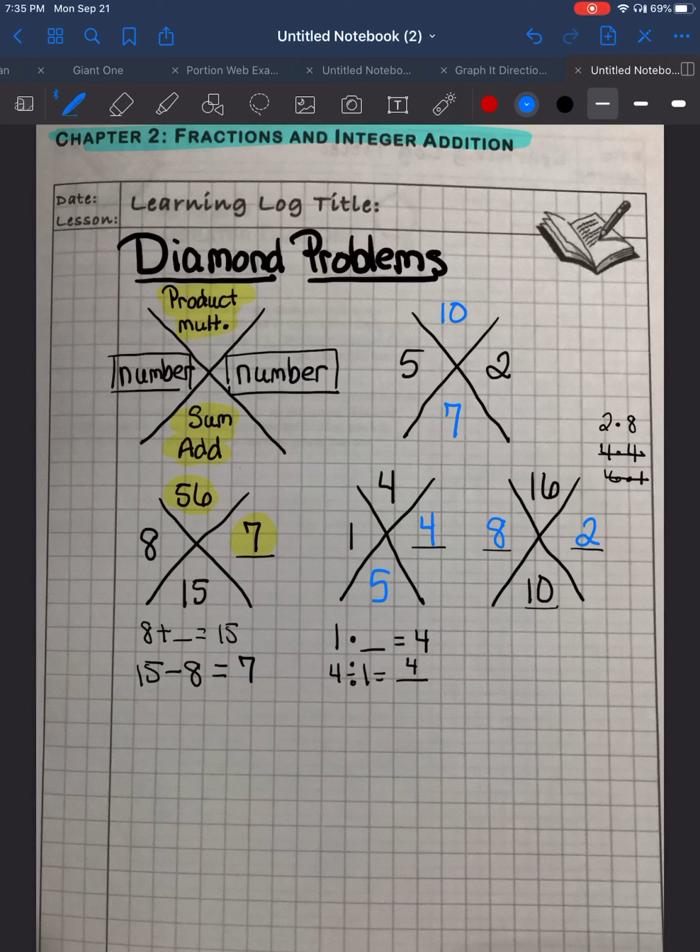So 8 and 2 must be the number pair I'm looking for because it has to add up to 10 and multiply to 16, right? So it's always the same pattern, product on top, sum on the bottom, but there's different combinations of what's missing. So you can use all those ways to find the missing numbers. Okay, make sure you have it all written down, and if you're confused, watch it again.